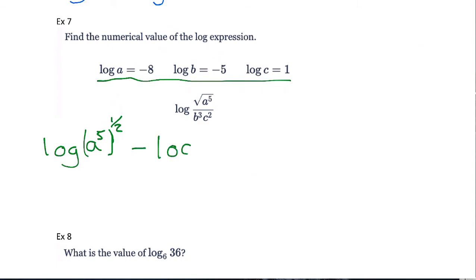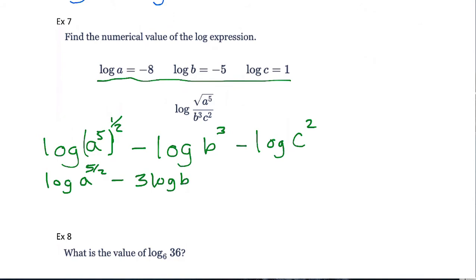Minus log b to the 3rd minus log c to the 2nd. Now I'm going to do a little bit of work on this. I'm just going to say this is log a to the 5/2 minus 3 log b minus 2 log c.